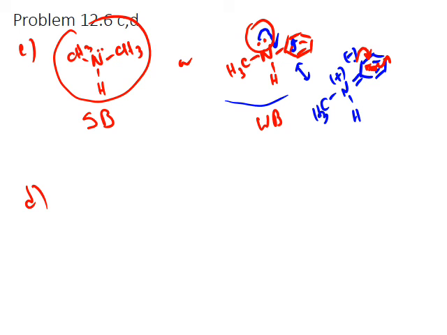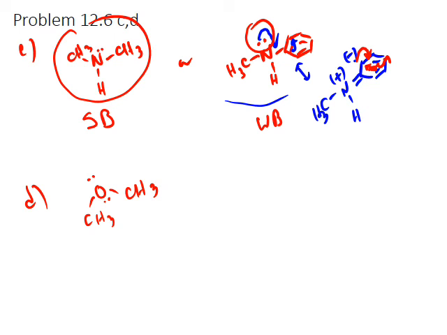In part D, you don't have nitrogen, rather you have oxygen here, oxygen with CH3 on one side and another CH3 on the other side. And remember that oxygen gives 2 bonds and 2 pairs of electrons, so that it would account for 8 electrons around oxygen.